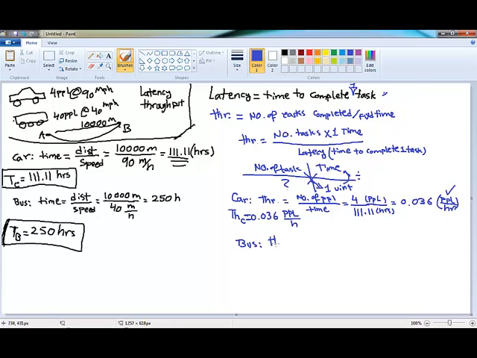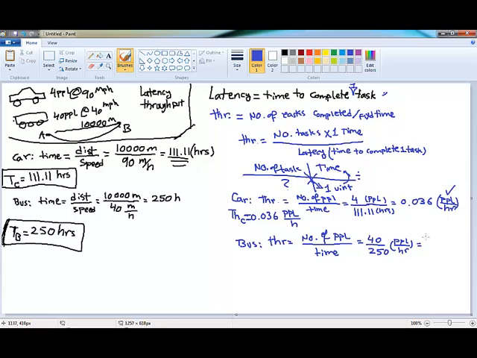How about the case of the bus? The throughput of the bus is basically the number of people it's capable of transporting over the amount of time that it takes to transport them across the country, or complete the task. So it's capable of transporting 40 people over 250 hours, and again its unit is going to be people per hour.